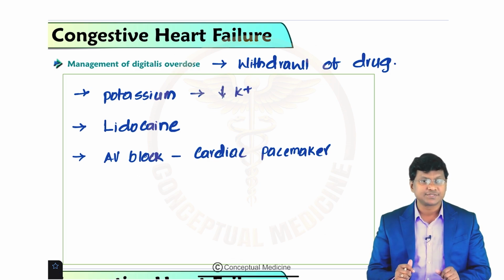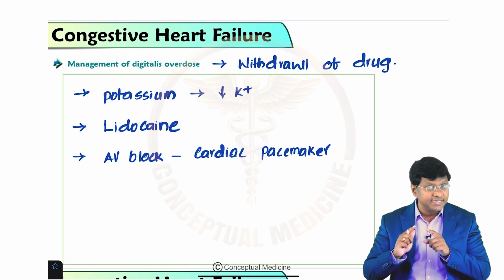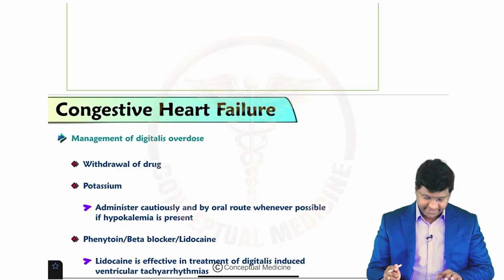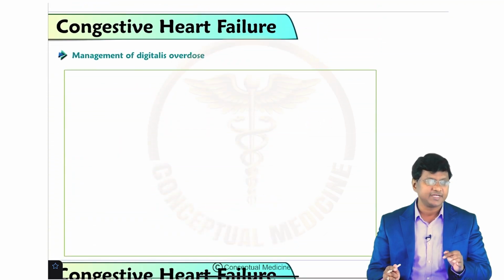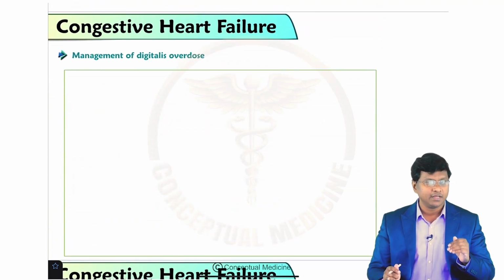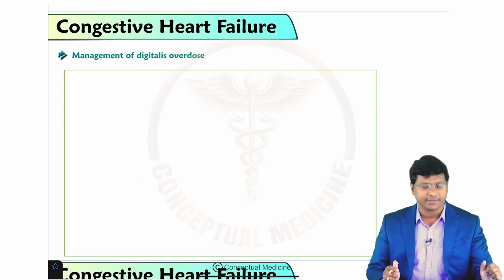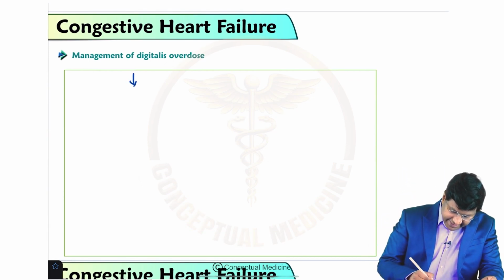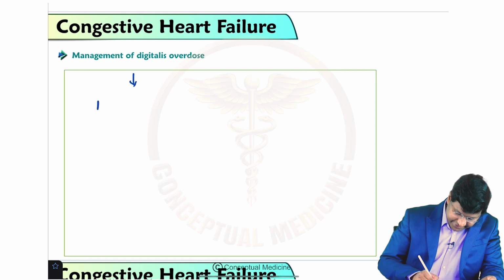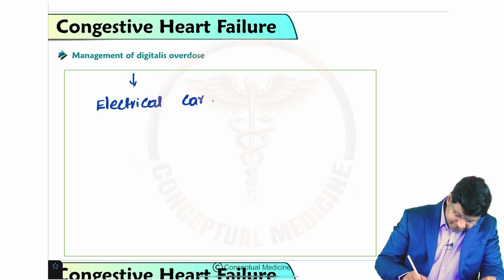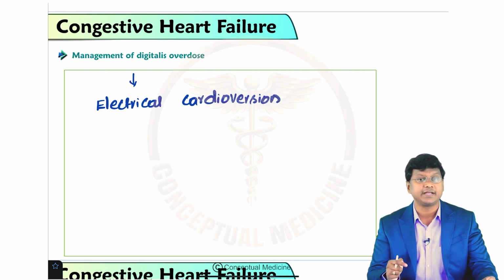And apart from this, if the individual is hemodynamically stable in the ventricular arrhythmias, we give lidocaine. But if the individual is hemodynamically unstable, then we do electrical cardioversion.